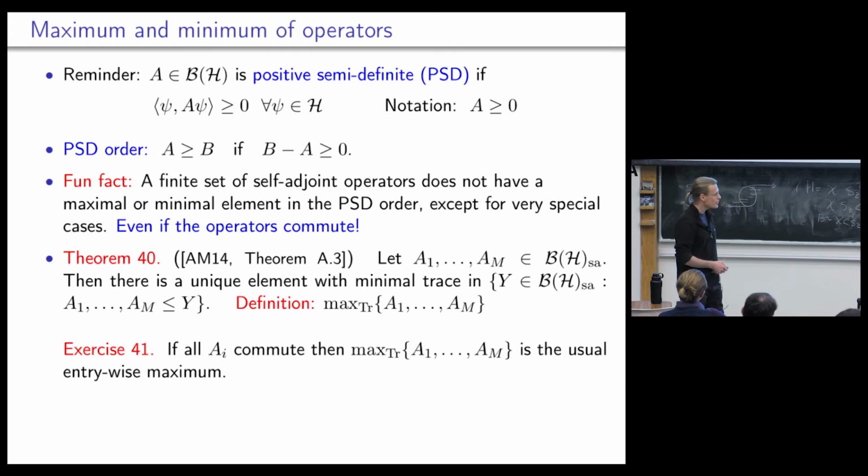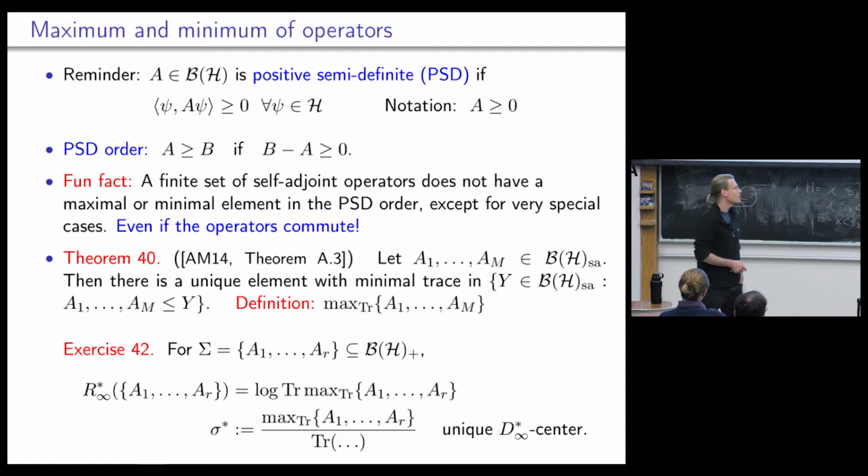And an exercise is that if all these operators commute, so they are all diagonal in the same basis, then this trace maximum is actually going to be the usual entry-wise maximum. The element with the smallest trace in the set of upper bounds is actually going to be the entry-wise maximum. So this concept really generalizes the usual maximum.